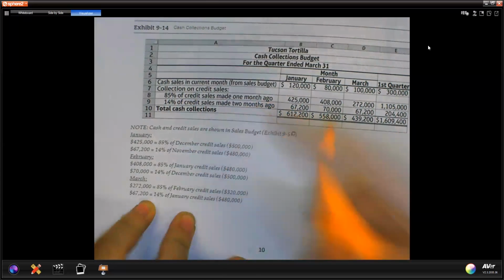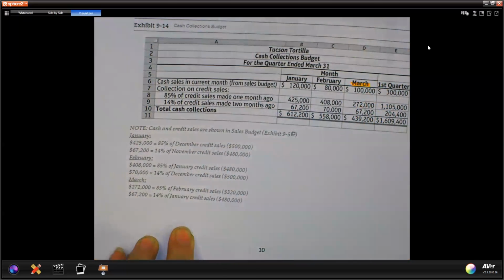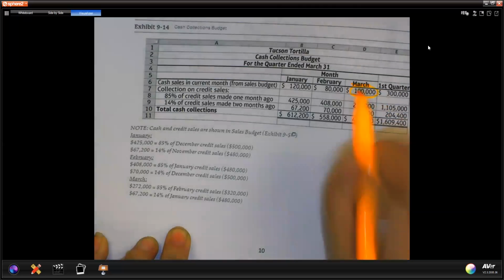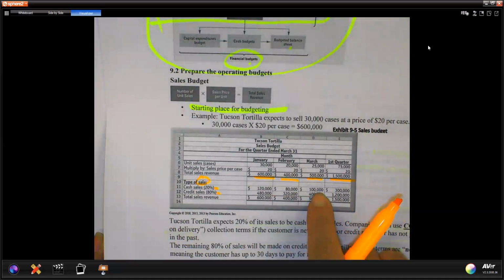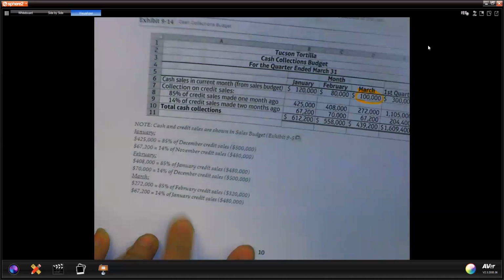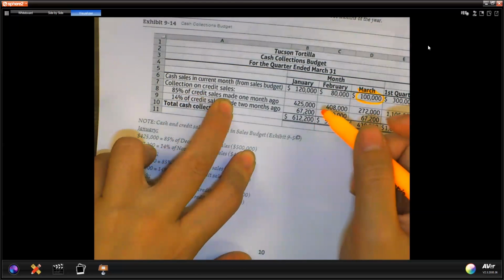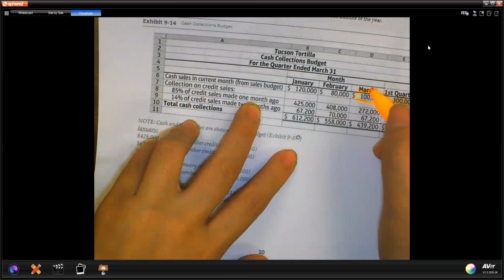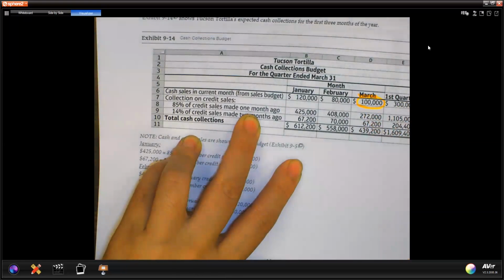Your collection of that month contains 85% of credit sales 1 month ago and 14% of credit sales 2 months ago. So we now look at March. I'll show you the example of March cash collection. That month you collected 100,000 because you had cash sales of 100,000. And then it said 85% of credit sales 1 month ago. One month ago from March is February.